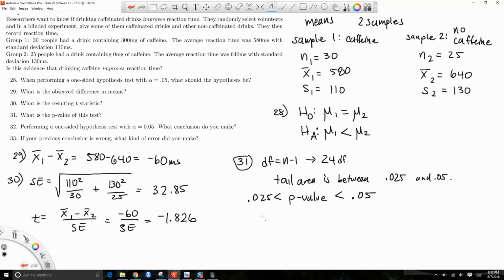All right, number 32 says if alpha was 5%, is my p-value bigger or smaller than alpha? Smaller than alpha. So p-value is less than alpha, which means we reject the null hypothesis. And that means we have evidence that caffeine improves reaction time.